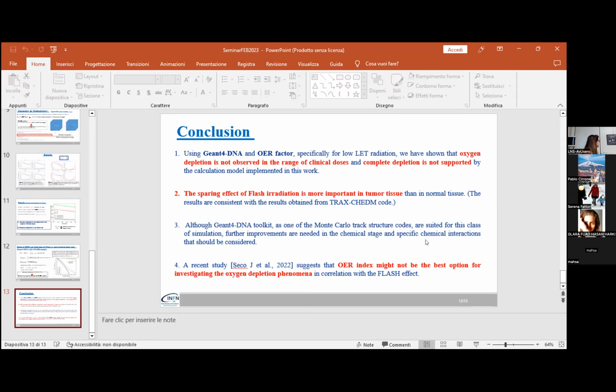But there are other authors studying this. You said that Joao Seco suggested it, but what did he say? Is there something else we may investigate as a different index?